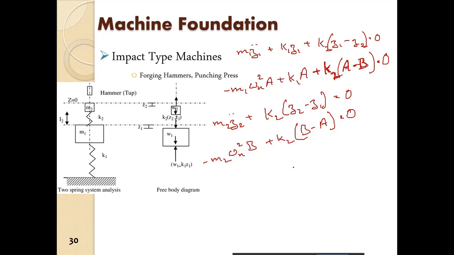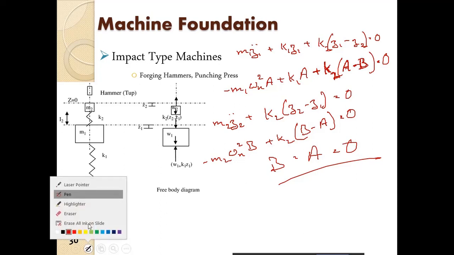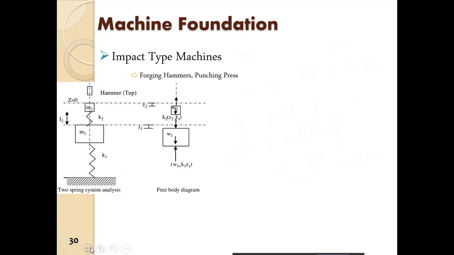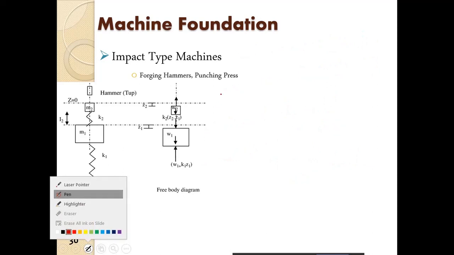If you simplify and solve, you will get b is equal to a is equal to 0. So this is not applicable. Apart from that, you will have the other solution, which is that the coefficients will be equal to 0.